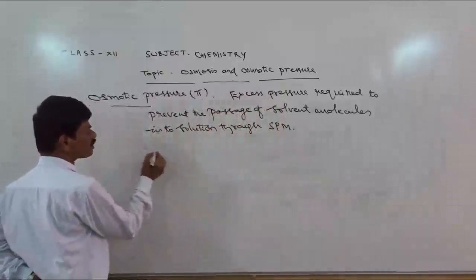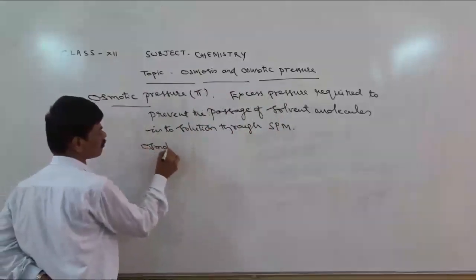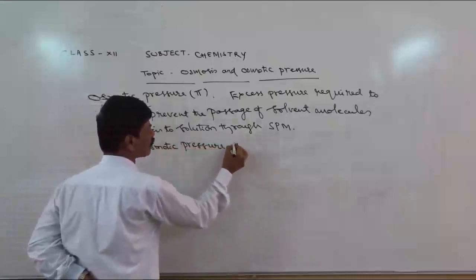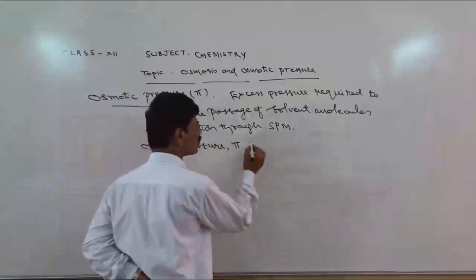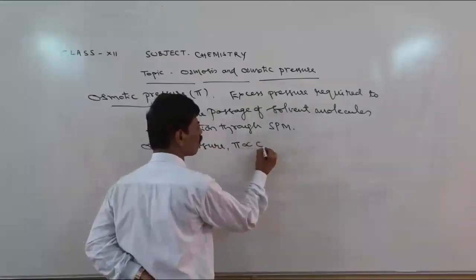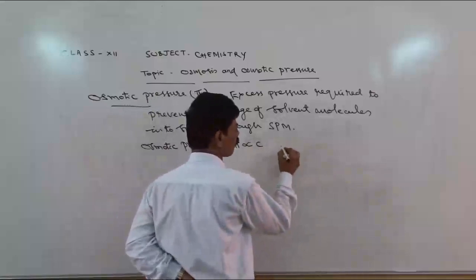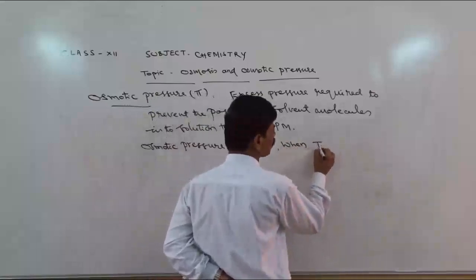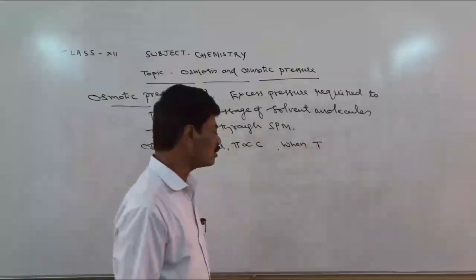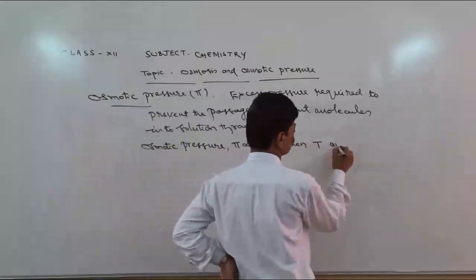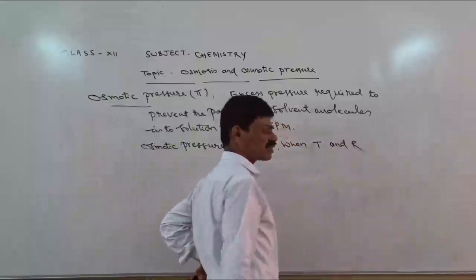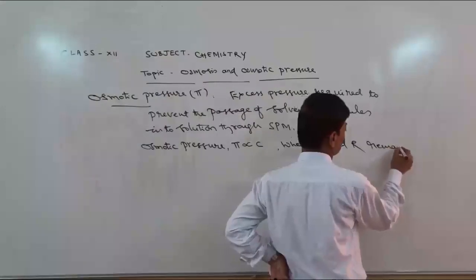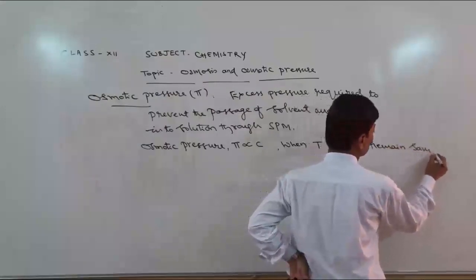So osmotic pressure, that is pi, is directly proportional to concentration of the solution when temperature on absolute scale, that is Kelvin scale, and capital R, that is gas constant, remain constant.